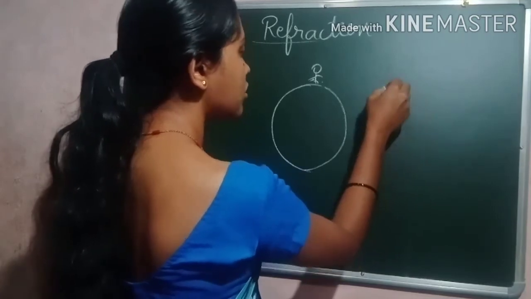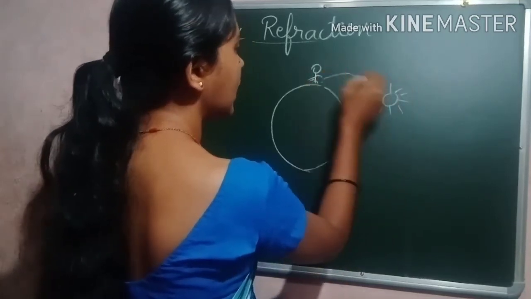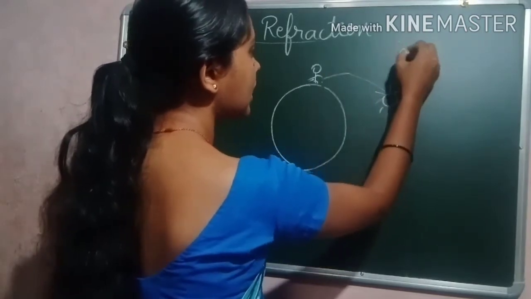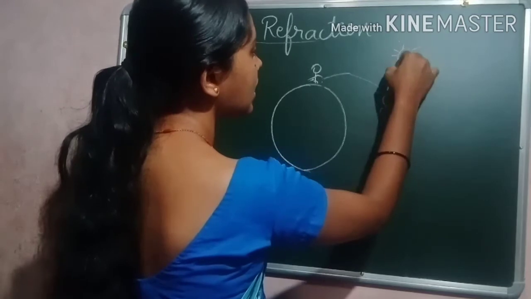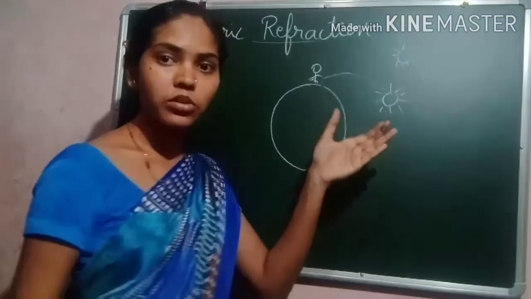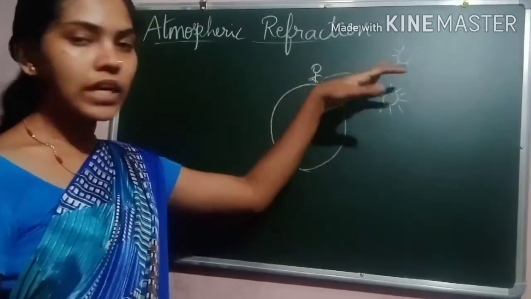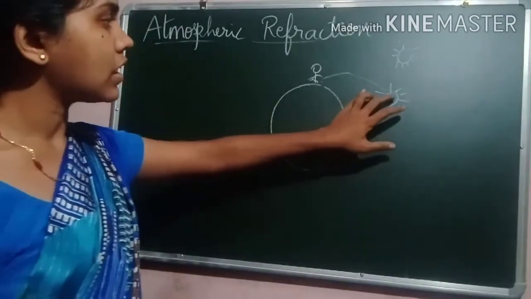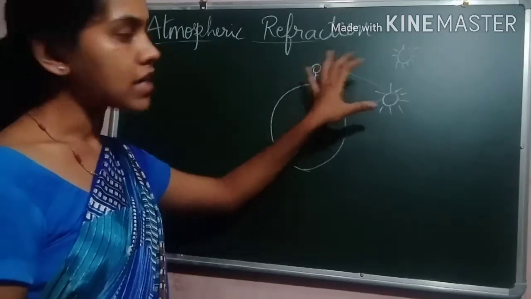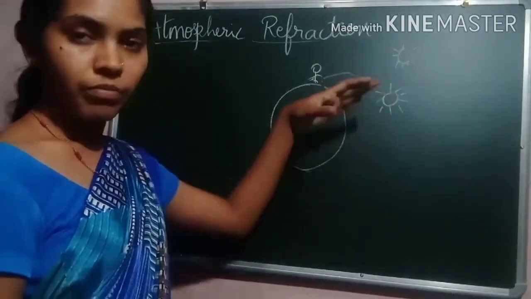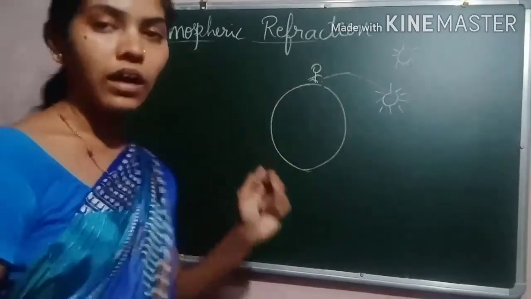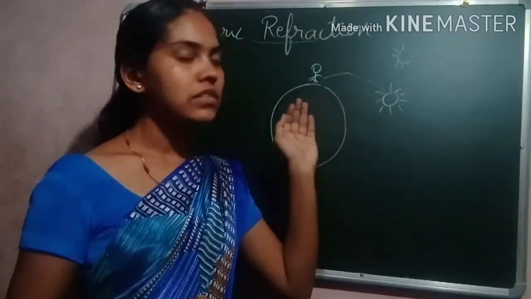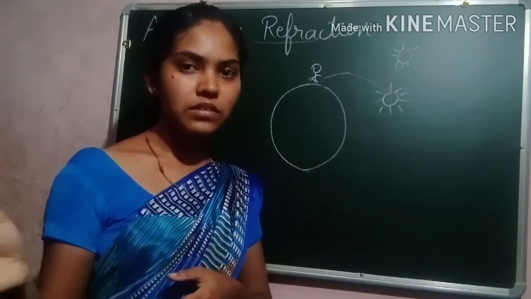Because of atmospheric refraction, instead of appearing here, the sun looks a little above it. So we can see the sun 2 minutes earlier, before it actually reaches that position. So we can observe a 2 minutes advanced sunrise and delayed sunset, always.